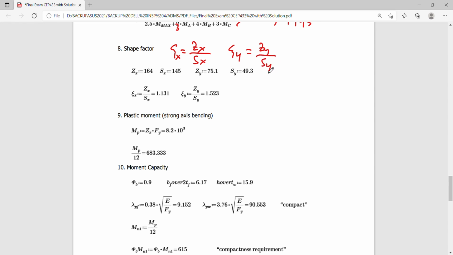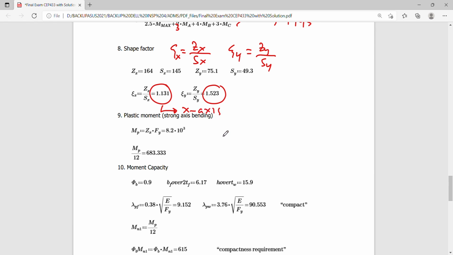And we can readily get this from the table, and upon getting the ratio, we come up with 1.131 and 1.523. But of course, we are interested with simply the x bending direction, which is this one, because our frame of reference on the bending is the x-axis.